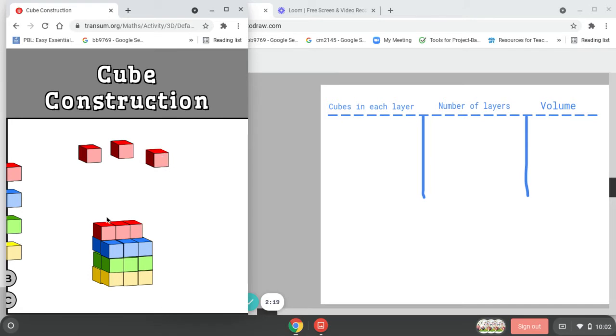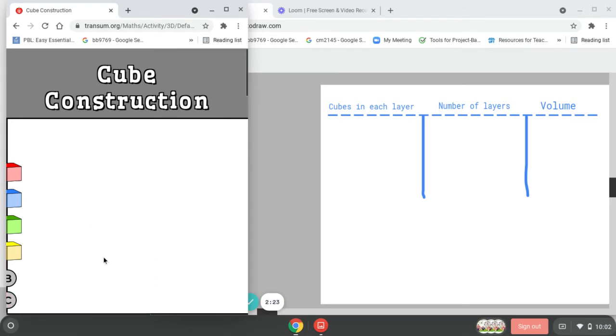And we're going to create a new three-dimensional figure using the 24 cubic inch unit cubes, and then we are going to see how much is going to be in each layer of our new figure.